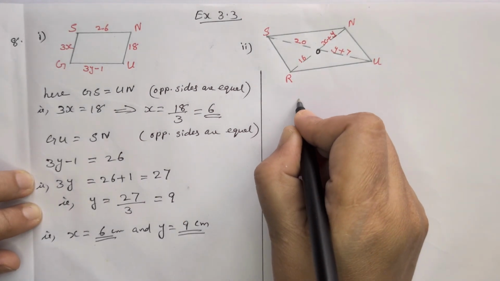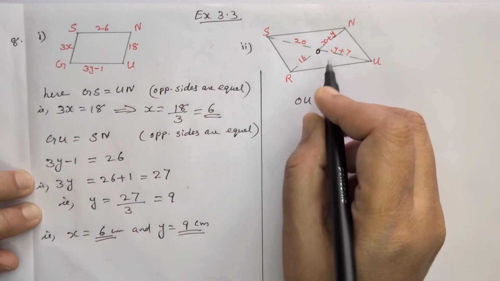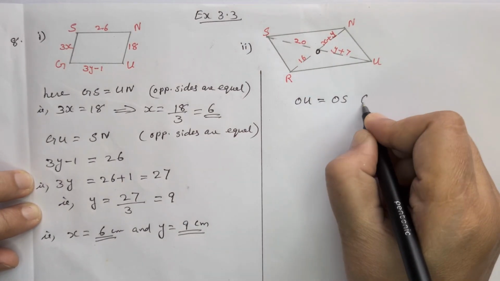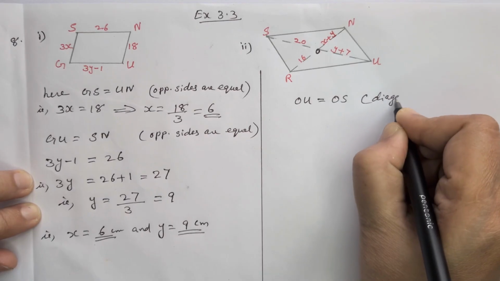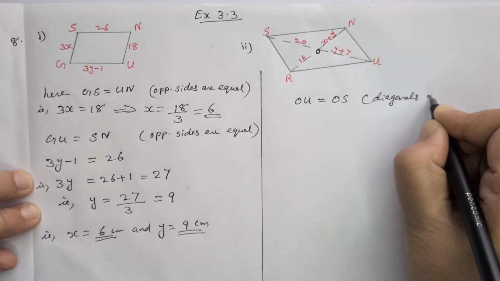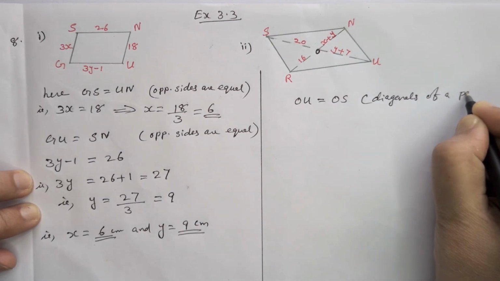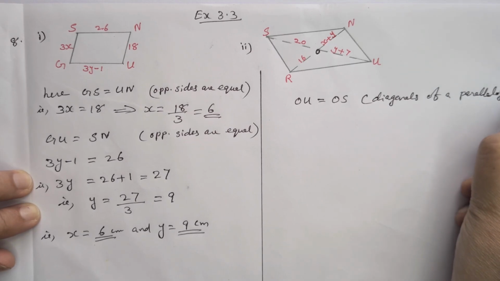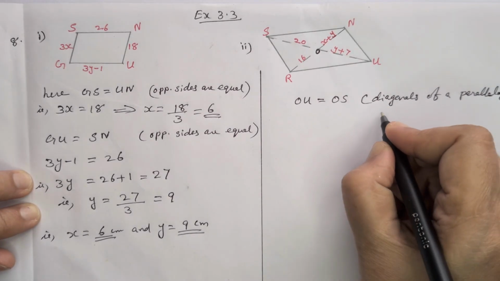That means OU is equal to OS. The reason is diagonals of a parallelogram bisect each other.